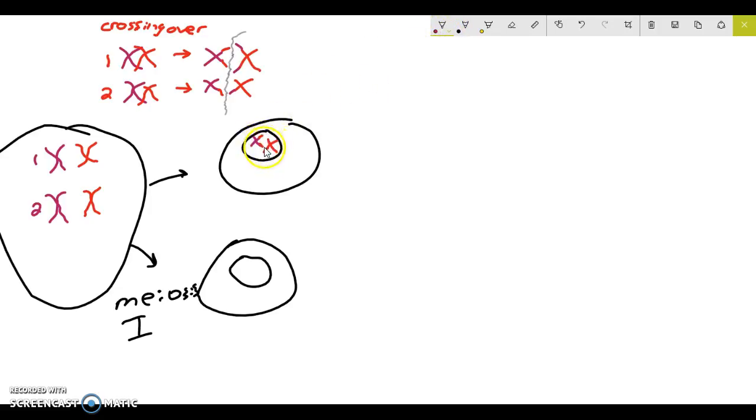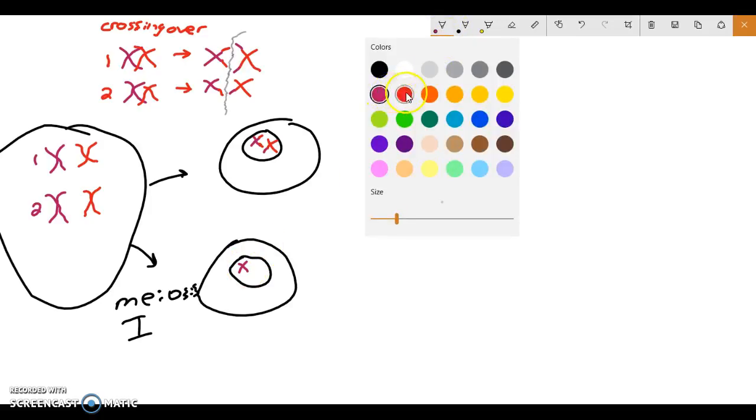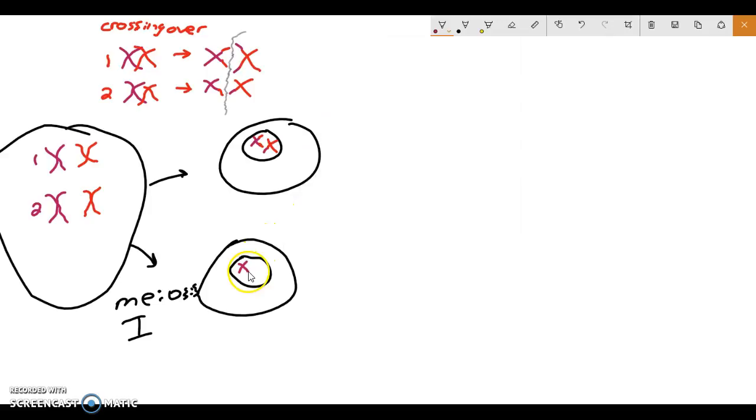Okay, so those two are in that cell, in that nucleus. And then down here, what we're going to have is the magenta chromosome with the one red tip, right there, and the red chromosome with two magenta tips, down in this nucleus.